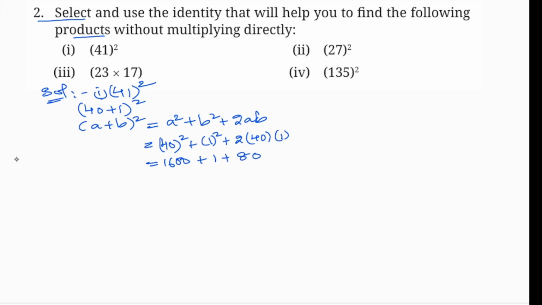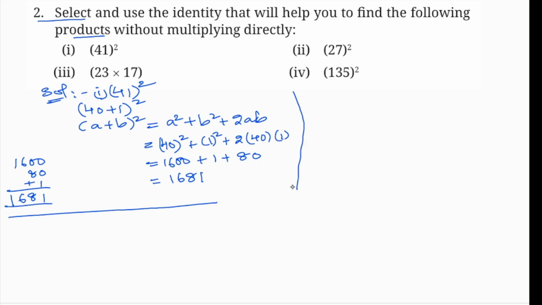Now let us add this: 1600, 80, 1. So this is 1681.